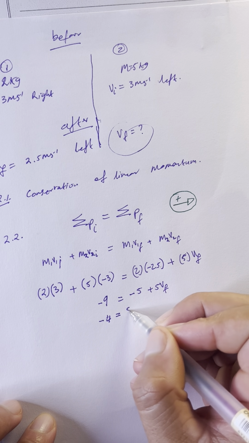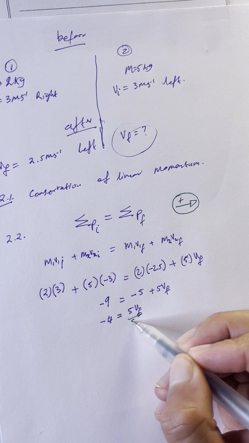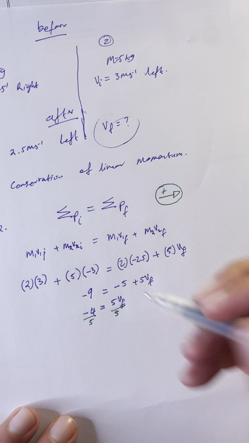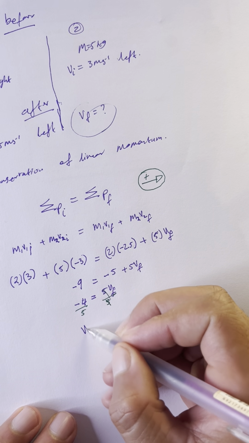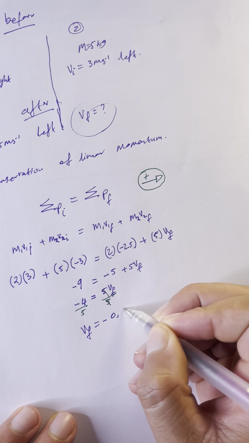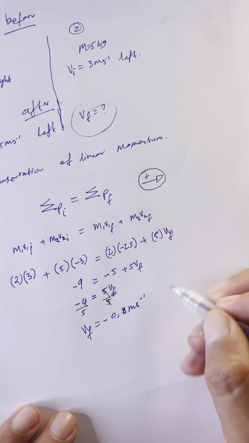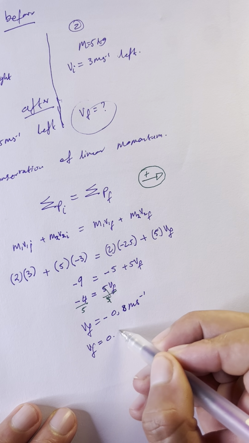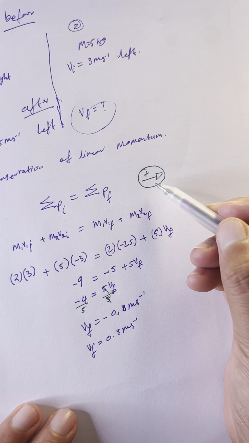Minus 4 equals 5 final velocity. Then we divide by 5 both sides. 5 will cancel 5, and then 5 goes how many times into 4? 0.8. So V final equals negative 0.8 meters per second. Final velocity is 0.8 meters per second. Remember, it's negative, so it means it is going left.